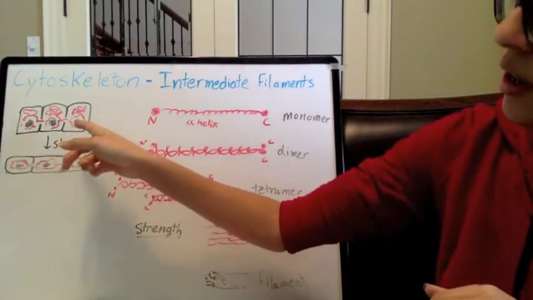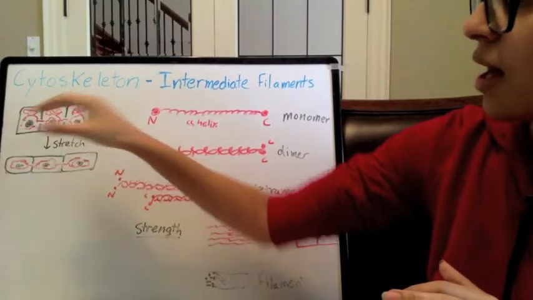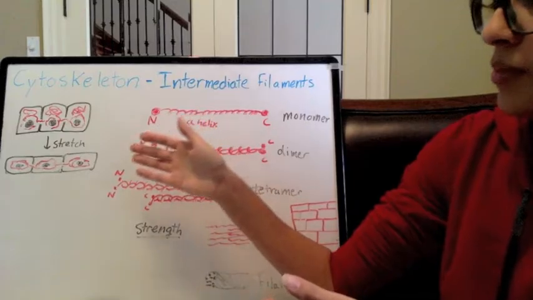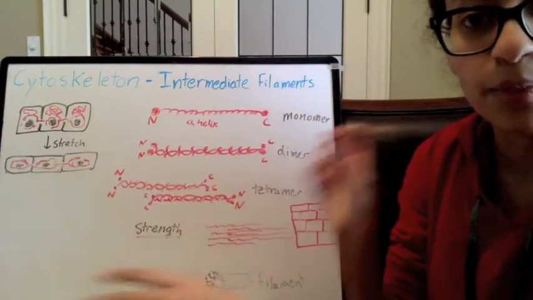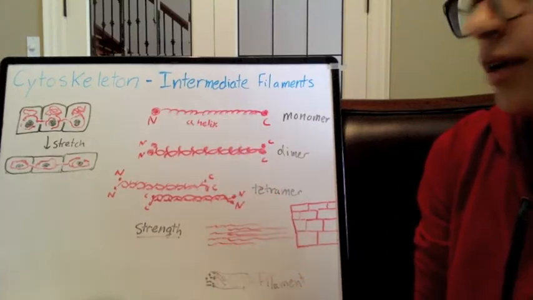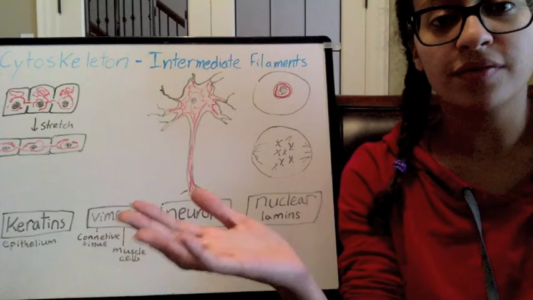So in this picture over here, you see the filaments stretching out and holding the cells together. So now if it stretches, that's okay. They're not going to rip apart and separate the cells because you have this filament keeping them together, again, providing that structural strength.